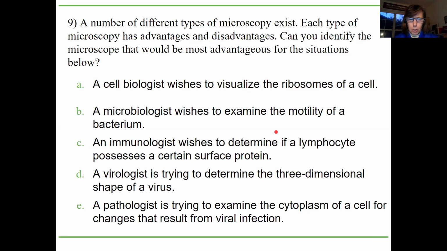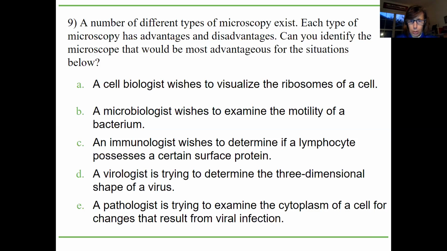A microbiologist wishes to examine the motility of a bacterium. So you want to look at something live. Remember earlier there were some slides where I talked about looking at live cells, with different light techniques for that. An immunologist wants to determine if a lymphocyte possesses a certain surface protein. Sounds like a great application for immunofluorescence, so fluorescent microscopy.